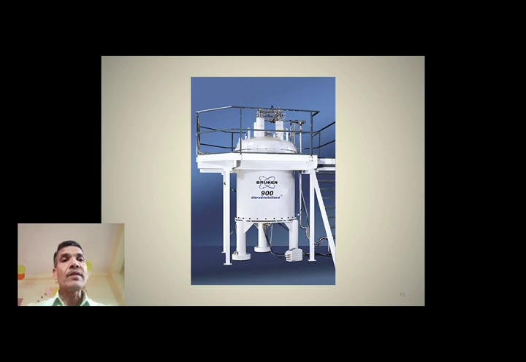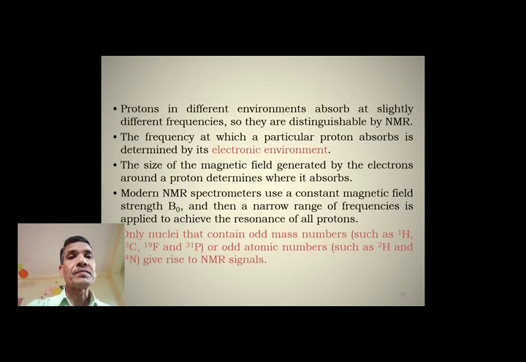So this is the NMR spectrophotometer which is nowadays used in different research laboratories. Its strength is 900 megahertz. Protons in different environments absorb at slightly different frequencies, so they are distinguishable by NMR.